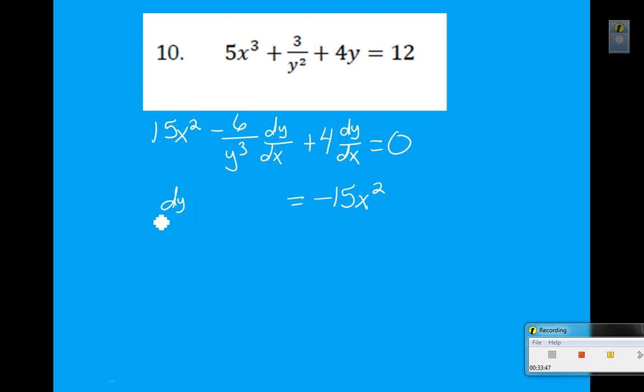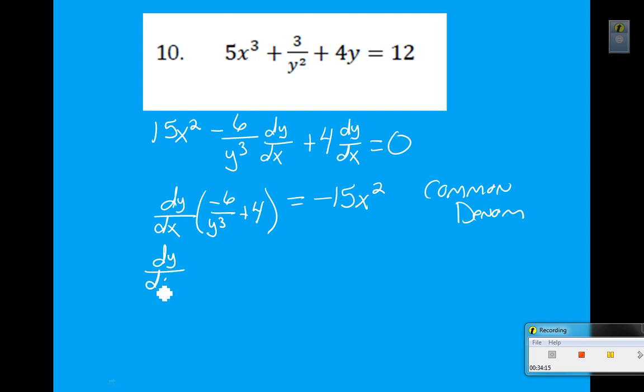I'm going to factor out a dy dx, which leaves me negative 6 over y cubed plus 4. Now you can't divide by that yet because that would be a fraction within a fraction. What you got to do now is get a common denominator with this piece right here. That way we can invert and multiply. So here's what it looks like. dy dx out of negative 6 over y cubed plus 4, my common denominator is a y cubed.